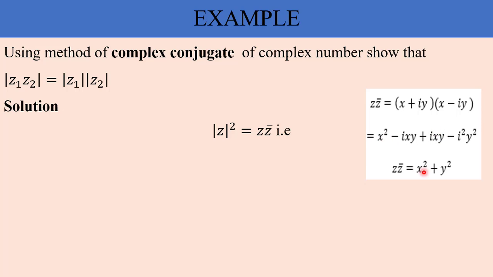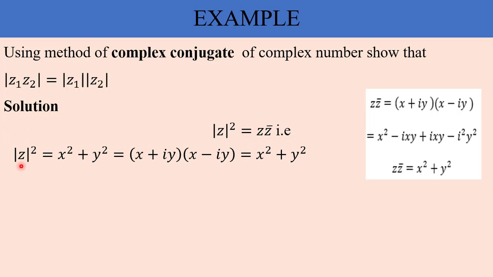Then we shall remain with x squared plus y squared. And remember, the whole of this is the same as the magnitude of z squared. So if you have z times its complex conjugate, you get the magnitude of z squared. So it can also be shown here that the magnitude of z squared is equal to x squared plus y squared.